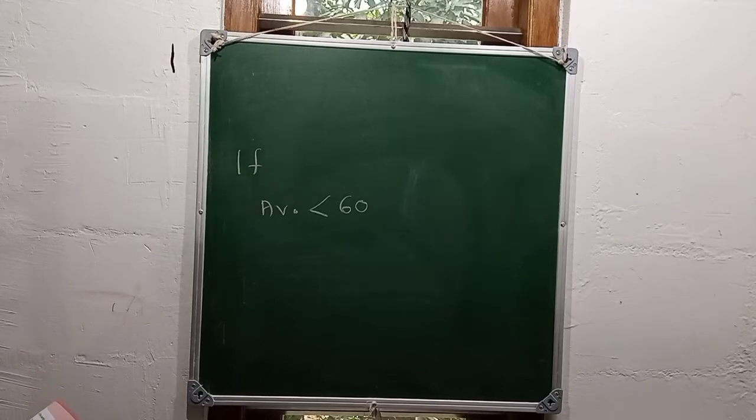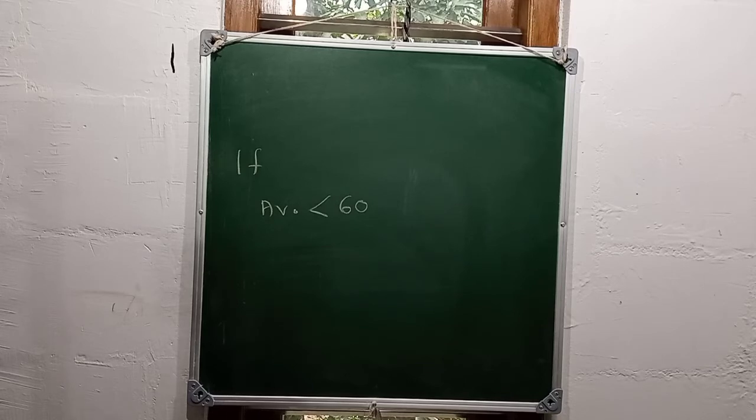So if all the values are less than 60, then the average is also less than 60. But here the average weight is 60 kilograms. So one value must be greater than 60. Then only we get the average as 60.